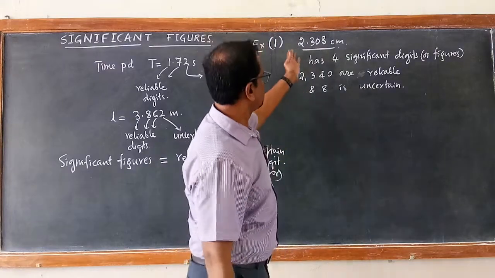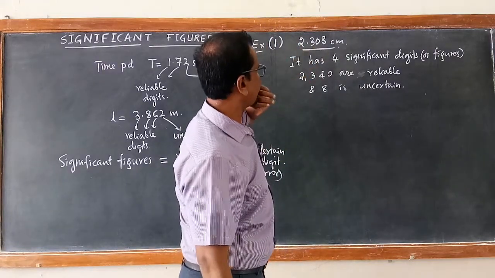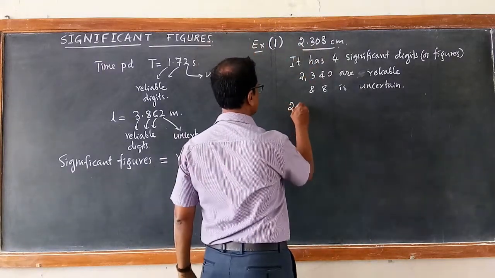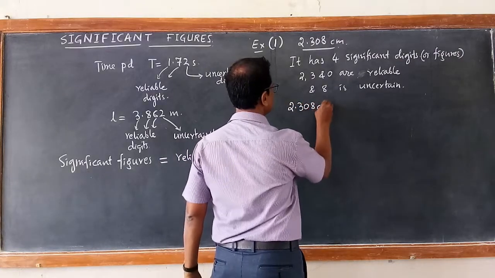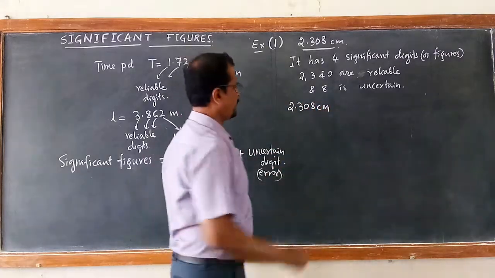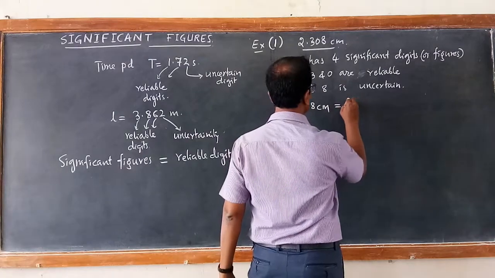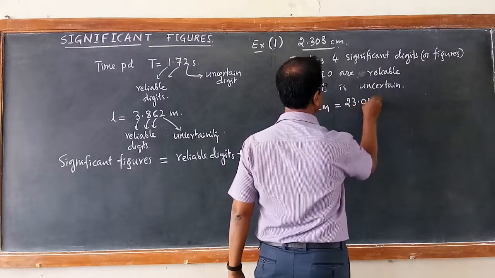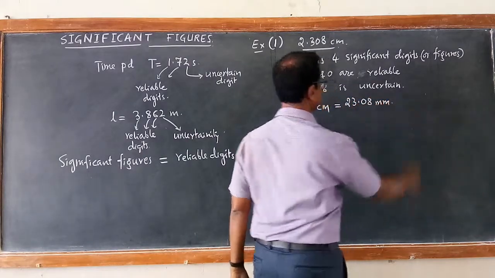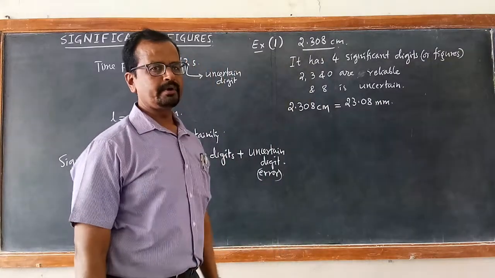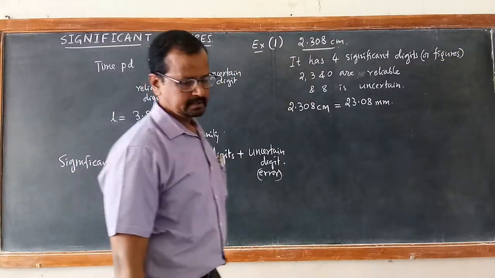The same result can also be expressed differently. Look at this, 2.308 centimeter. It is in centimeter. I can also write this as 23.08 millimeter, in terms of millimeter.